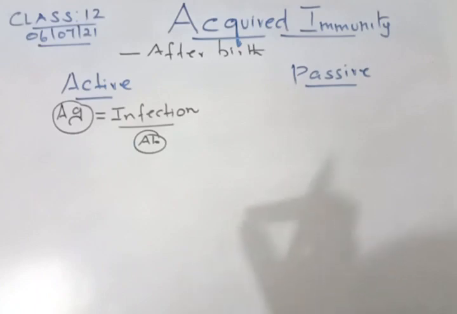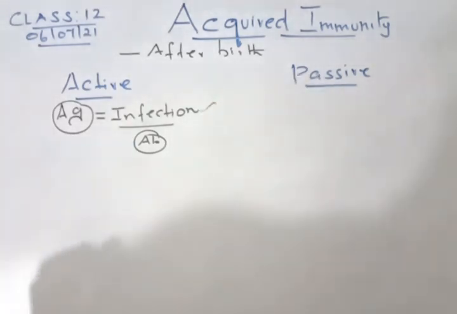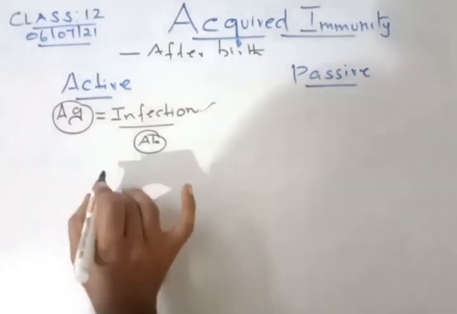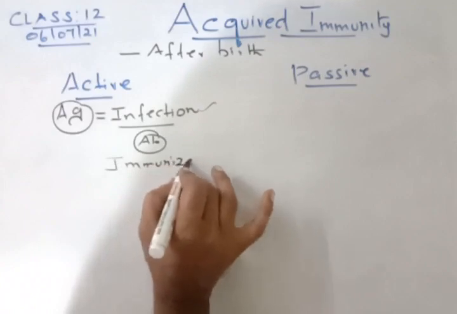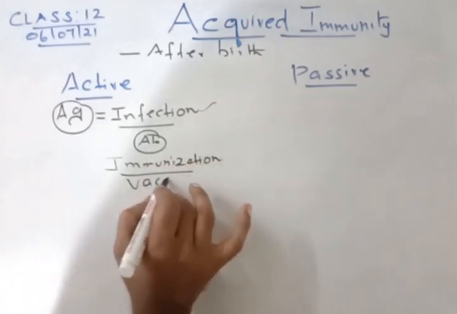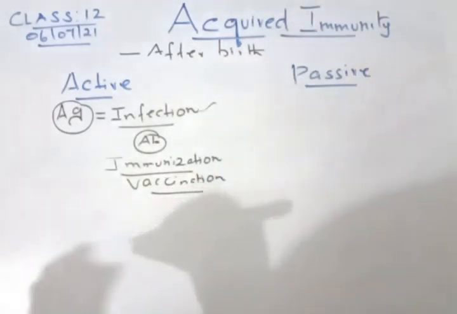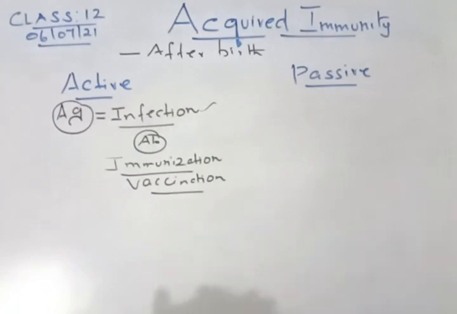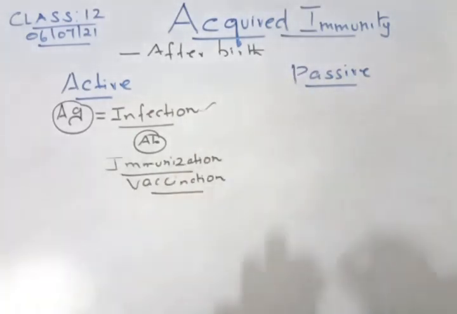So active immunity is generated due to infection, number one. It is also generated due to the immunization method. Immunization means taking vaccines. So a vaccine is an attenuated antigen. Vaccines we will study later on in detail. But for now, what we have to know about a vaccine is that there is an antigen which is going to cause disease.